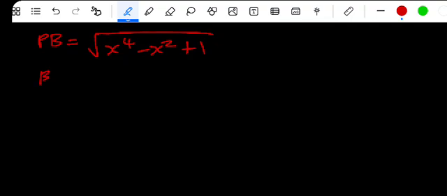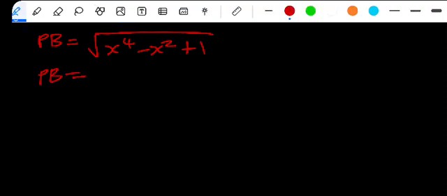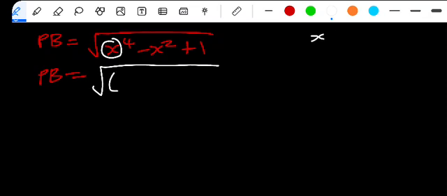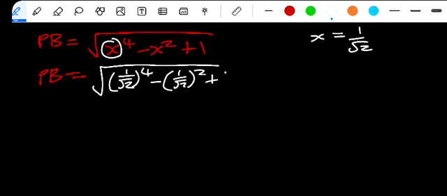You can substitute, p will be equal to the square root of, and I will replace x with 1 over root 2, since we got that x to be 1 over root 2. So we have 1 over root 2 raised to the power 4 minus 1 over root 2 squared plus 1.